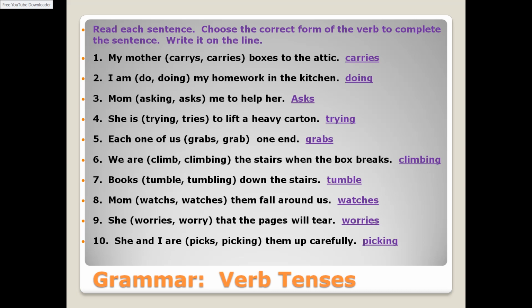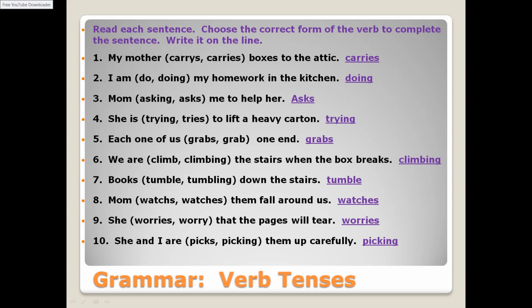The next sentence is, books tumble or tumbling, down the stairs. Now you look for the verb be. Is it there? No, we don't have a verb be here. So it should not be progressive, it should be only a present tense verb.